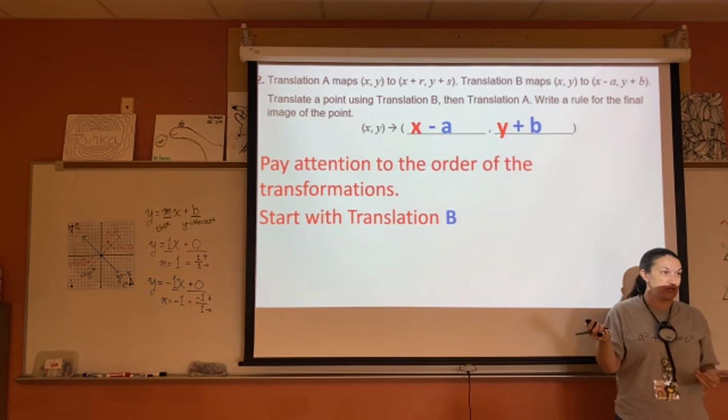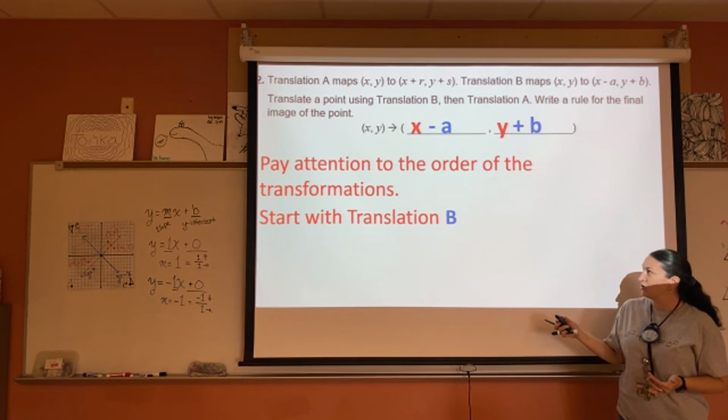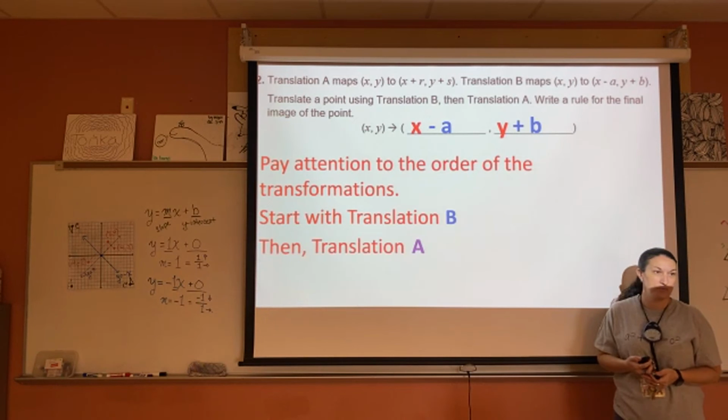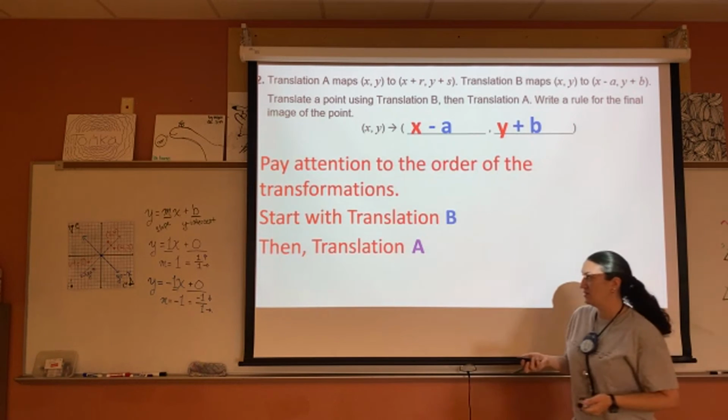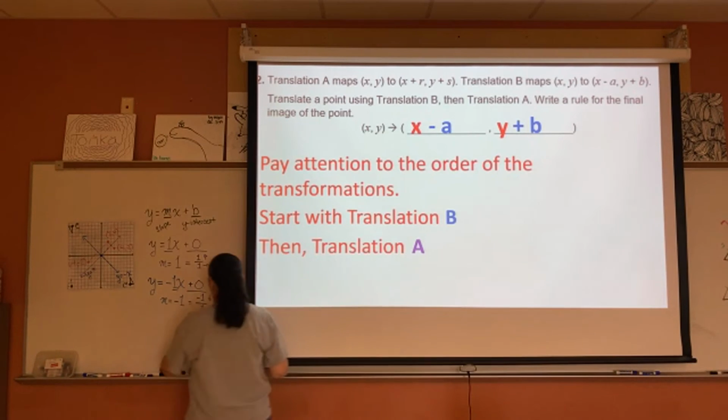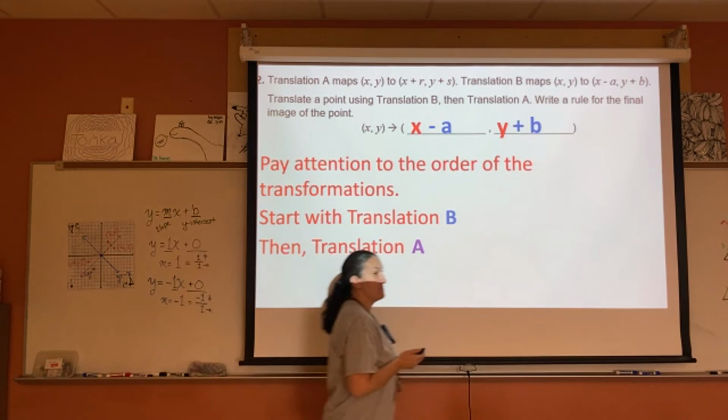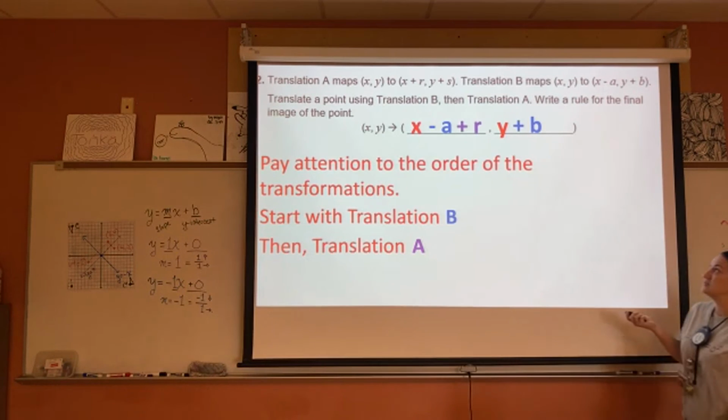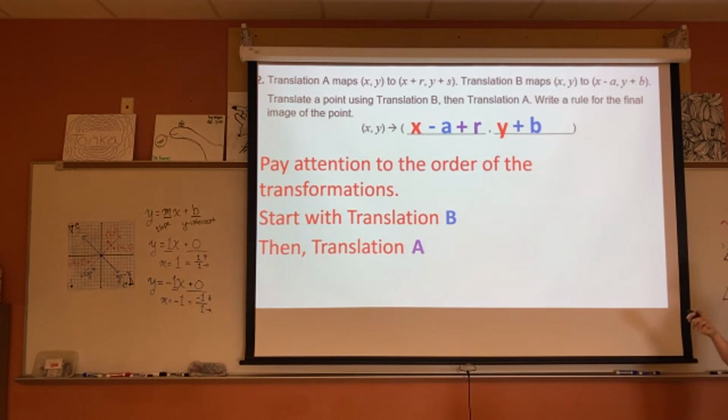Now that we've completed translation B, we can go to translation A. What is translation A asking us to do to the X value? Add R. And then to the Y value, add the S. Okay? That's the answer.